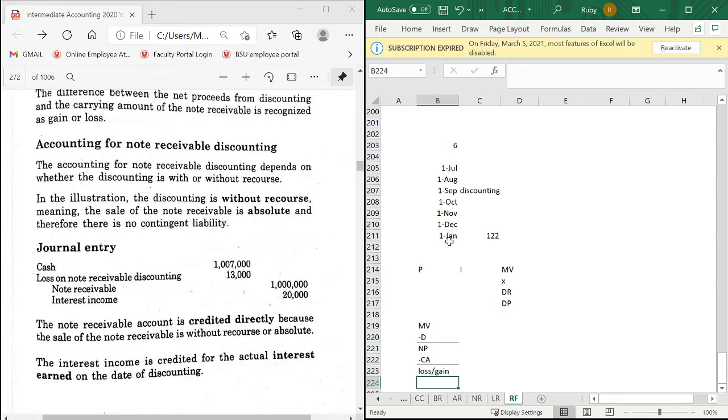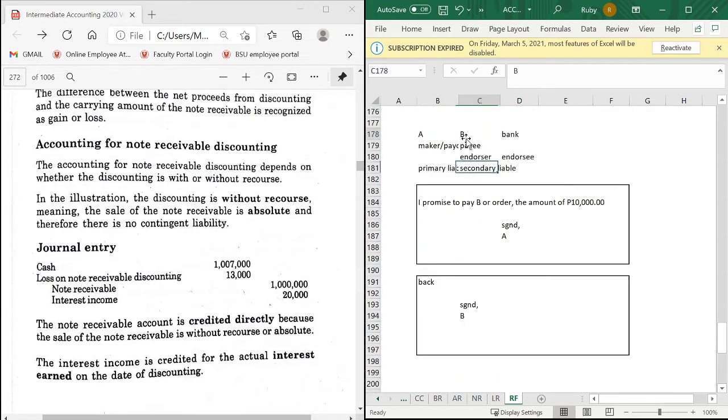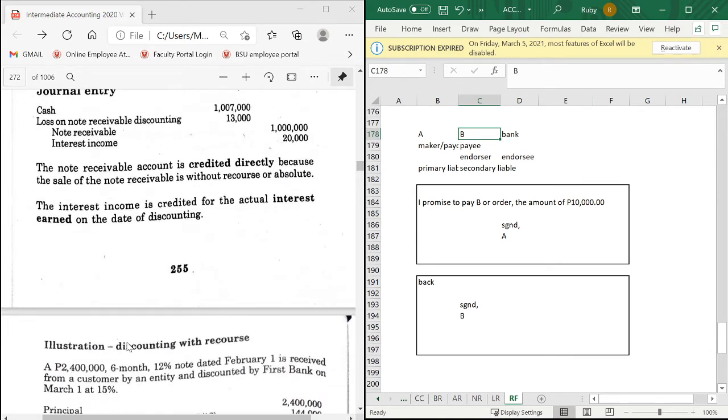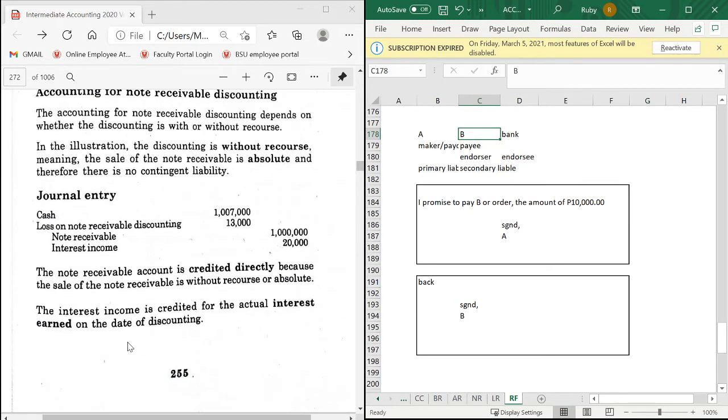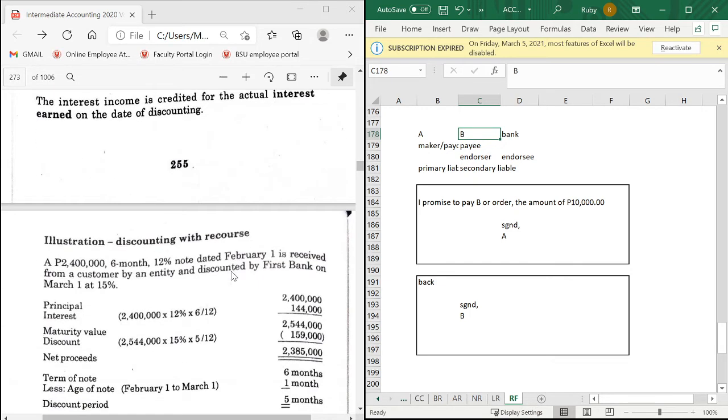Yung si B. Nasaan yun? Ito, si B. So, yan, ang entry lang, yung proceeds, yung principal amount, magkano na yung accrued interest, tapos yung balancing figure.